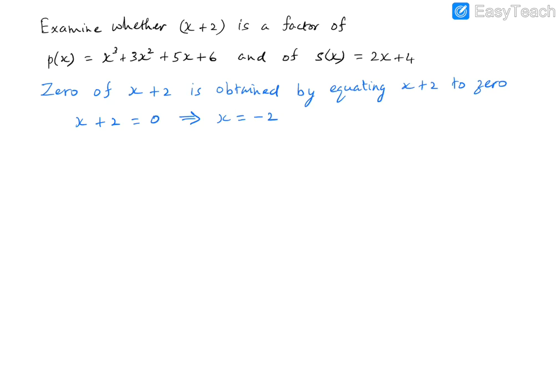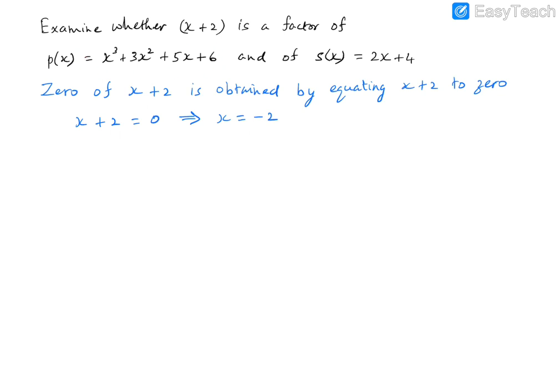Once we get the 0 of x plus 2, we will use that value of x in the polynomial expressions and see if that evaluates to 0 at x equal to minus 2. If it evaluates to 0, then x equals minus 2 is a root or 0 of the given polynomial, or in other words, x plus 2 will be a factor of this particular polynomial.